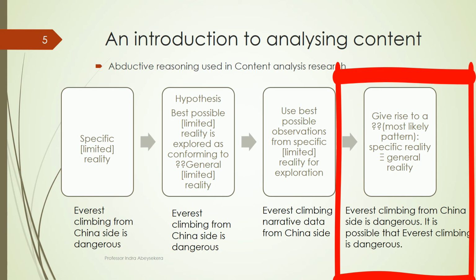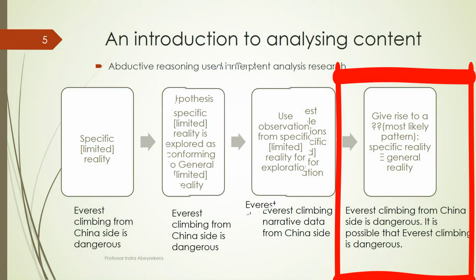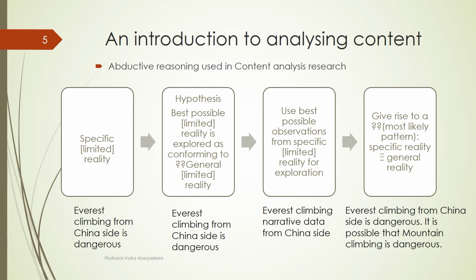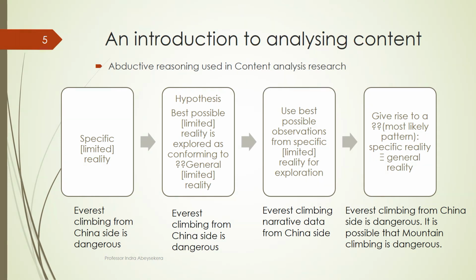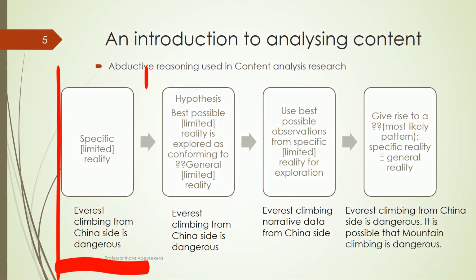The third is abductive reasoning. Another reasoning is abductive reasoning that is used in content analysis research. We start with a specific reality that has a context. Everest climbing from China side is dangerous.